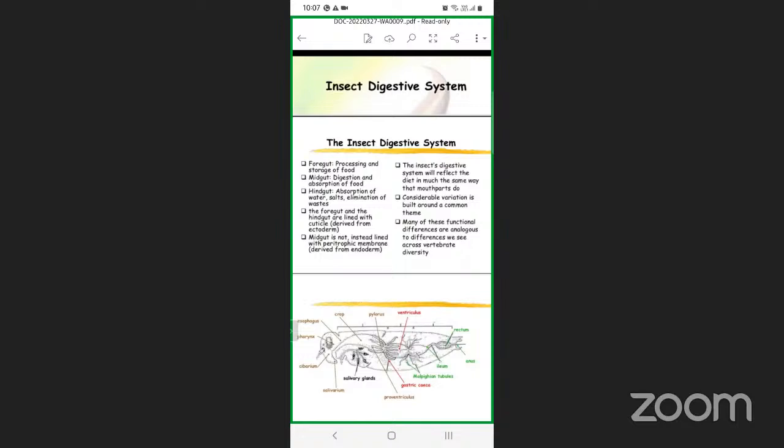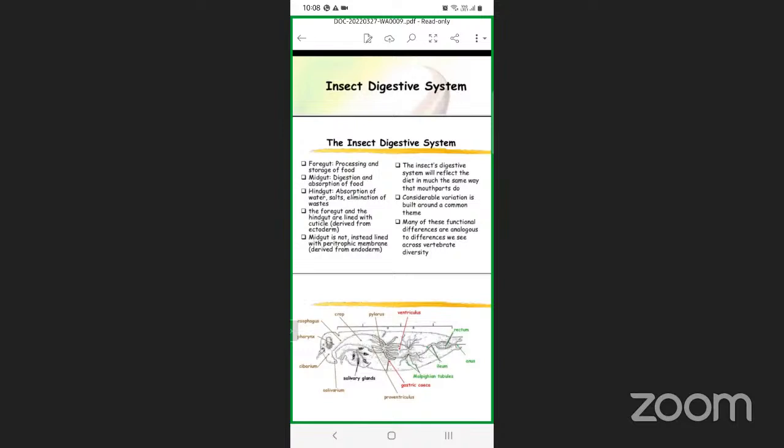Chewing and biting type of mouth parts are present in these insects. For the alimentary canal of the generalized insect, such as the cockroach or grasshopper, they have biting and chewing mouth parts.